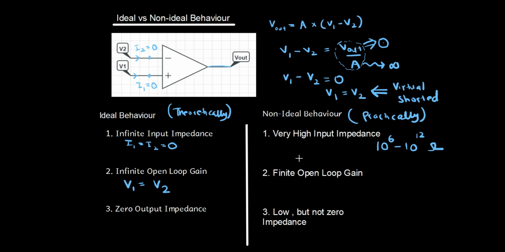You see how here we assume that the current entering into the operational amplifier is zero, but actually there is a small current that enters into the operational amplifier. This is known as an input bias current, right? An input bias current is a tiny DC current that is flowing into the input terminals. It is very tiny.